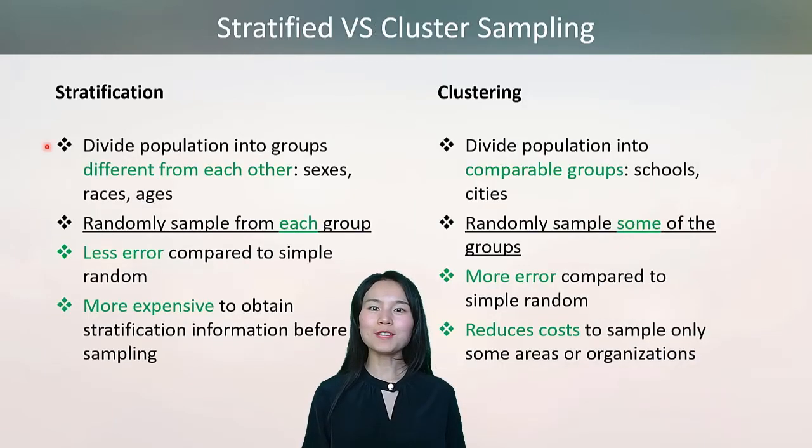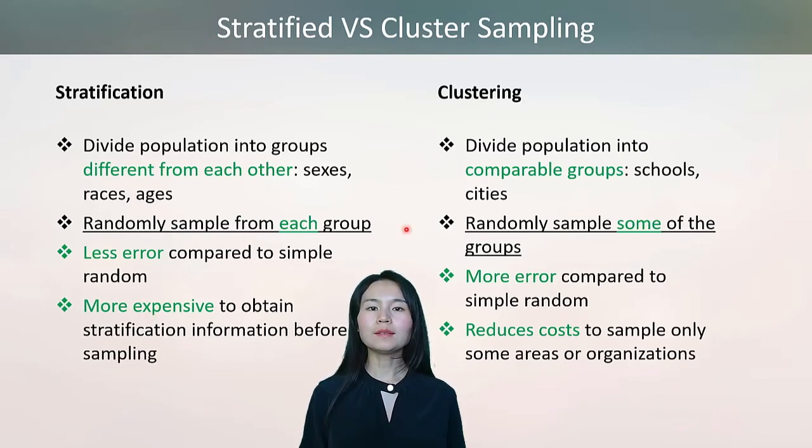The difference between stratified sampling and cluster sampling is that in stratified sampling, you divide the population by grouping variables and sample from within each group. Therefore, there are fewer errors but it is more expensive.